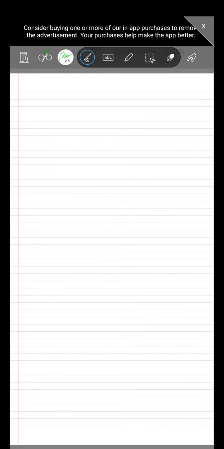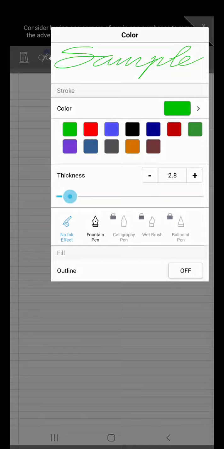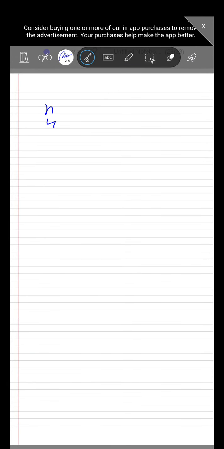So let's try to understand how these values are coming. Let's write them once again. For n is equal to 4, we are getting 12 x to the power n minus 2, that is 4 minus 2. Sorry, it's 48. Take the value 48.